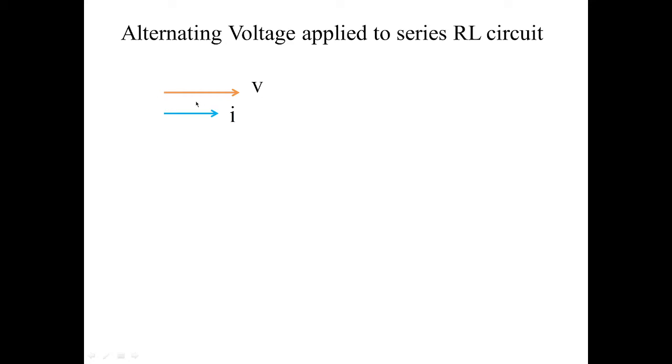Now we know that when voltage and current are said to be in phase, the phasor diagram represents like this. When it is a resistive network, the voltage across resistance is in phase with current under pure resistance, whereas when you see the voltage and current relations of inductor, they are quite opposite to one another at an angle of 90 degrees.